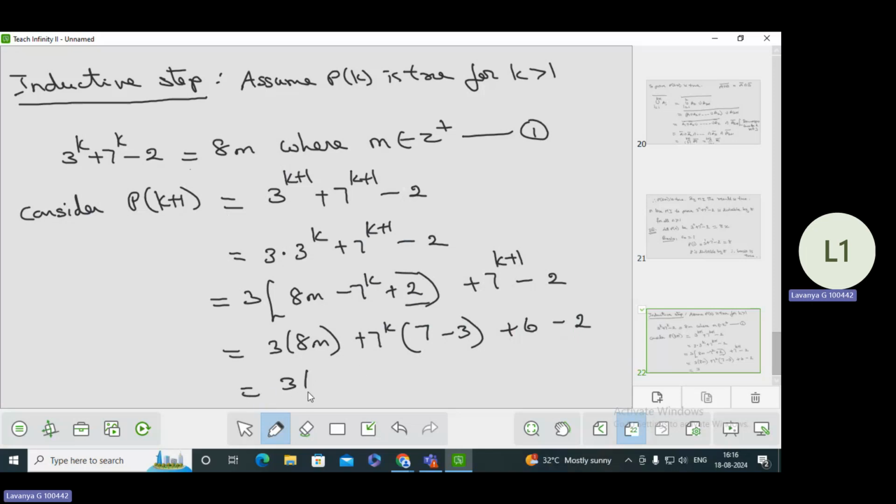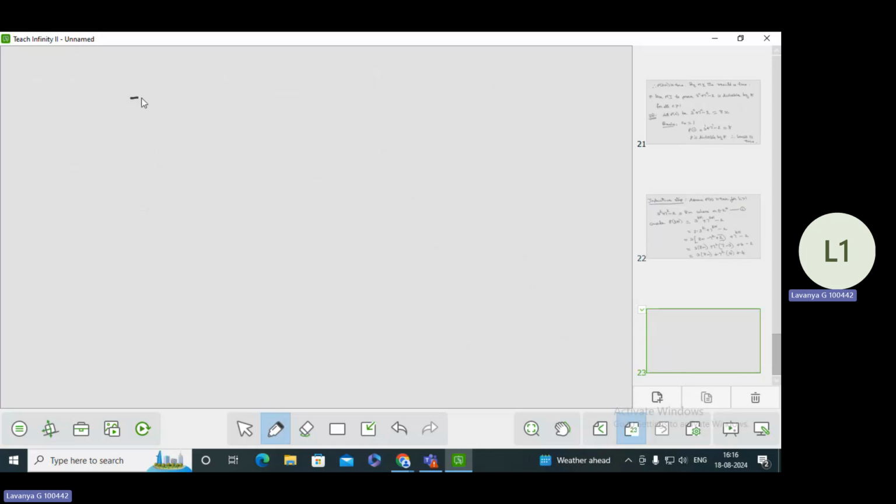So look at this: this is 3 into 8m plus 7 power k into 7 minus 3, which is 4, plus 4. Now let us try to combine these terms. So this is 3 into 8m plus 4 into 7 power k plus 1.